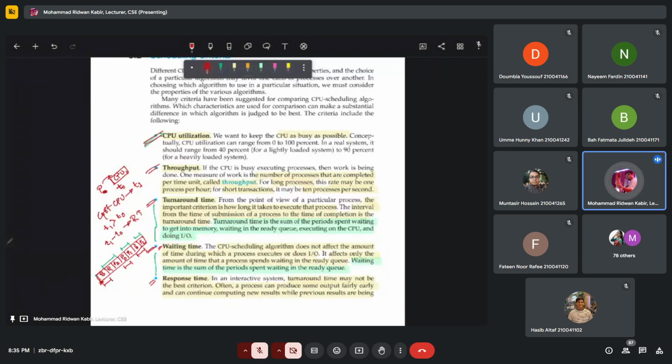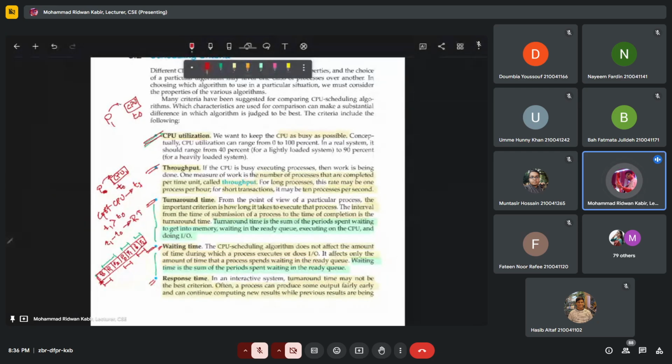So the turnaround time is, whenever your process enters or gets the CPU, starting from that moment to the moment it is executed and is moved out of the CPU. Now, one thing might happen is that process P1 gets into the CPU at time t0.